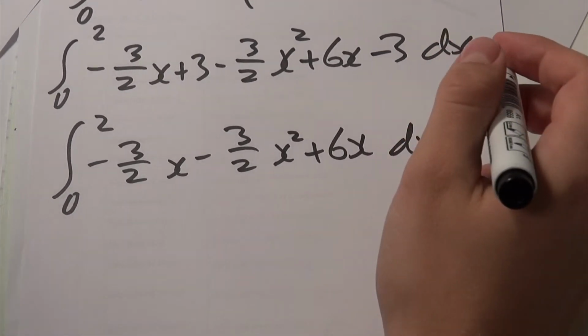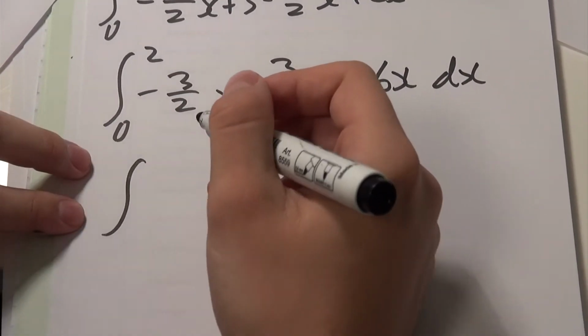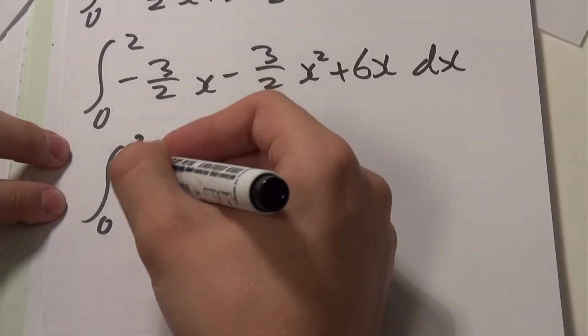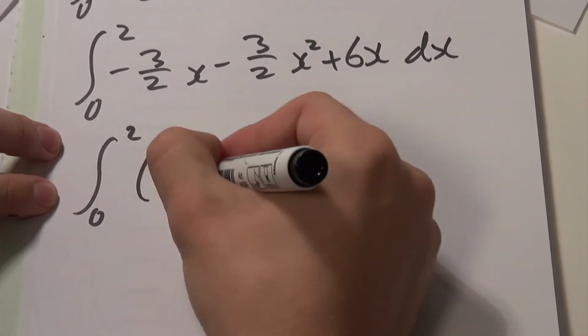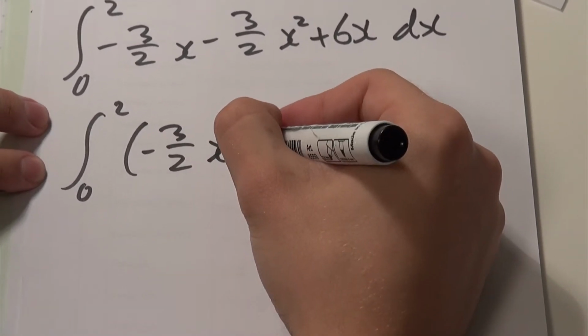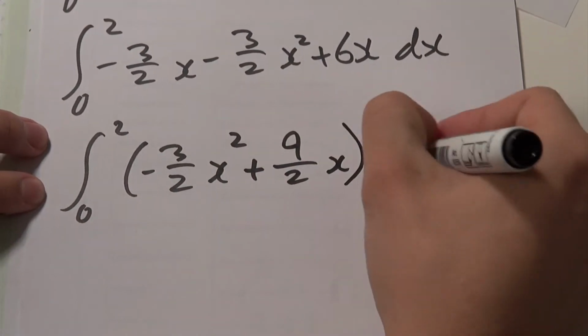Now, to even further simplify this, it's going to be in the form of 0 to 2 once again, of minus 3/2 x squared plus 9/2 x dx.